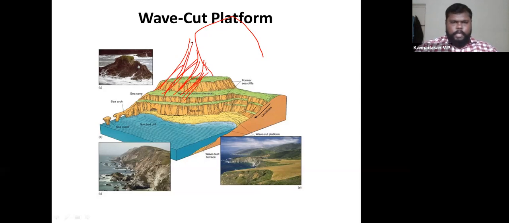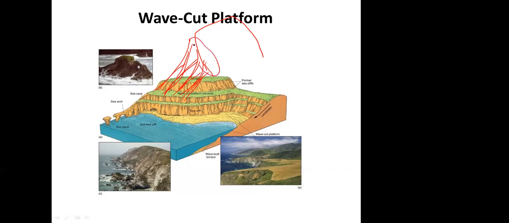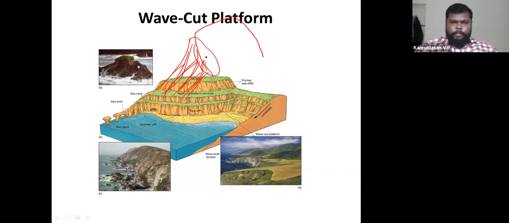If you see this corrosion, the concentration will be majorly on the lower side of the plateau because that's where the force is high and that's where the waves will be frequent. Sometimes it will reach this level, sometimes this level, sometimes this level. So a terrace formation will happen. Yesterday itself we saw terrace formation.